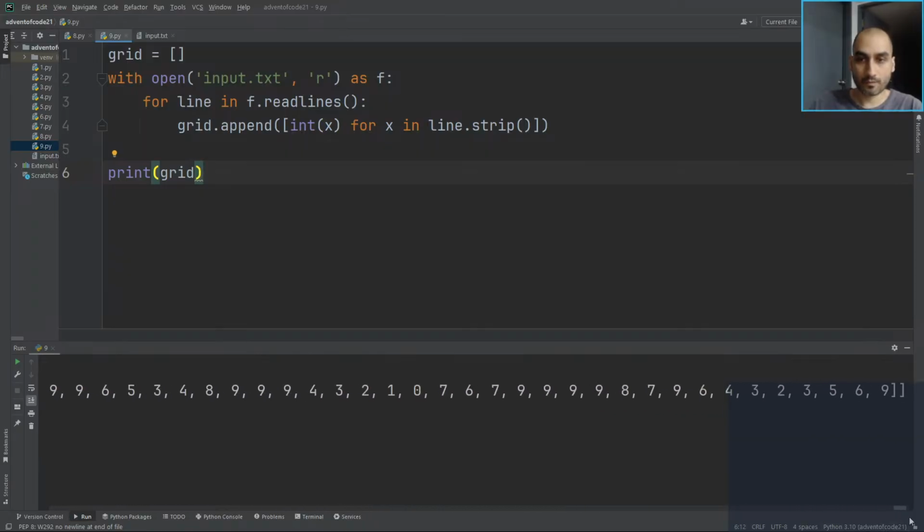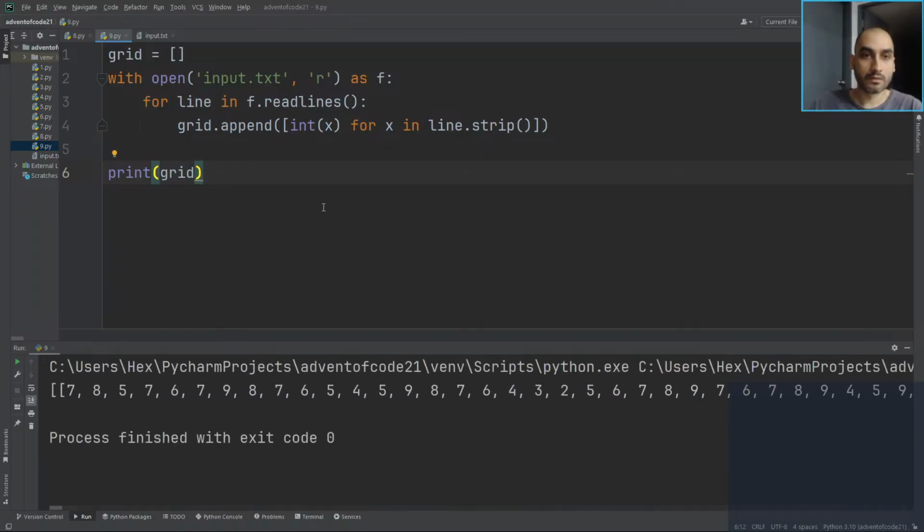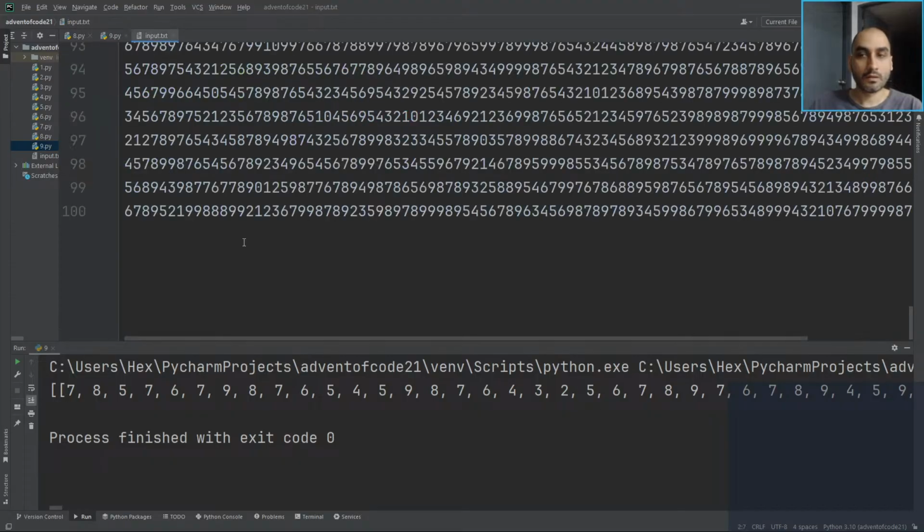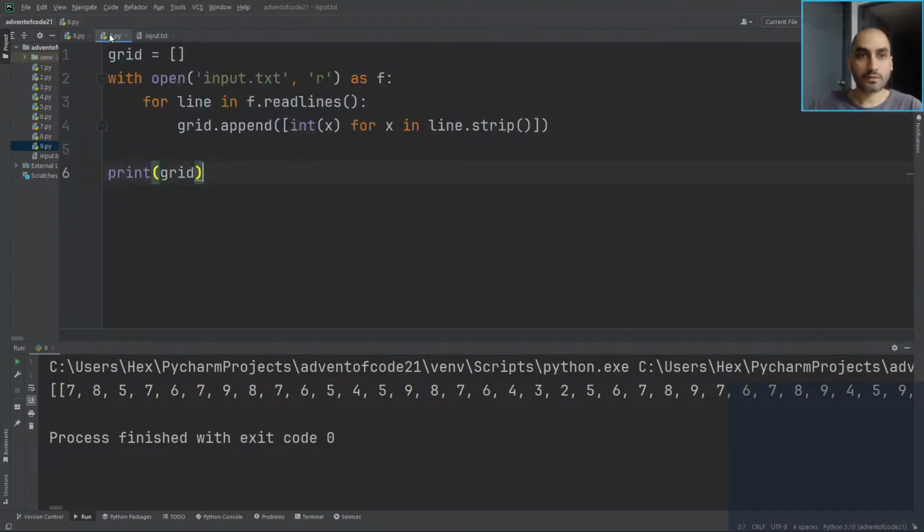Yeah, looks about right. Okay. And then we want... okay, so we can say height equals length of grid, width equals length of grid 0.